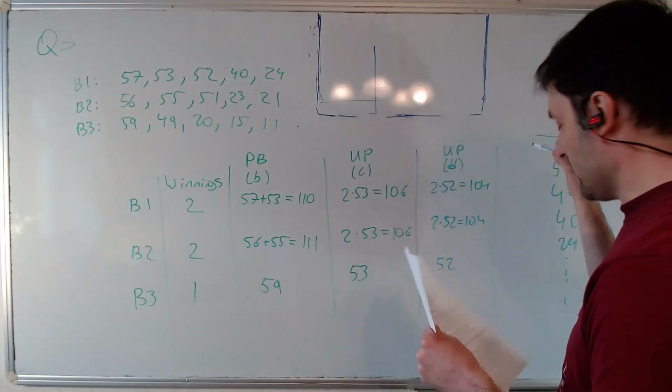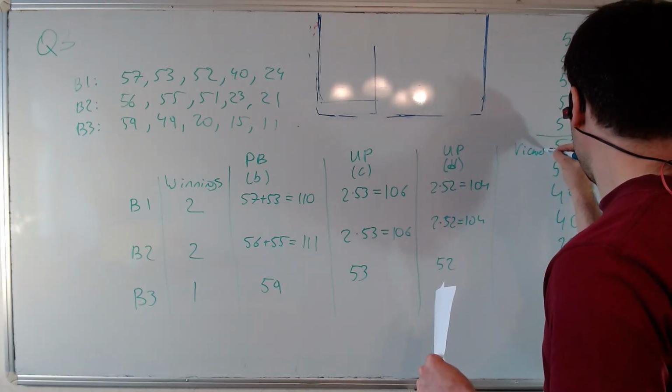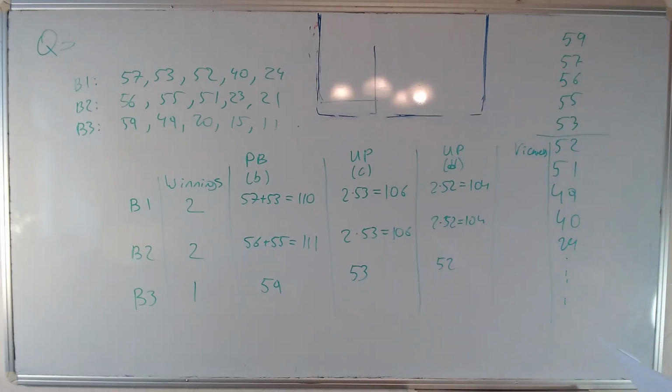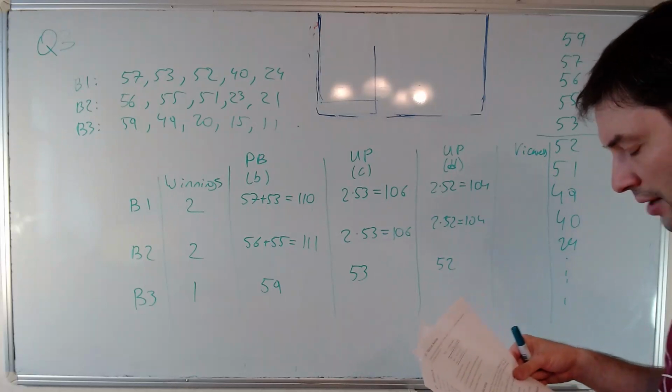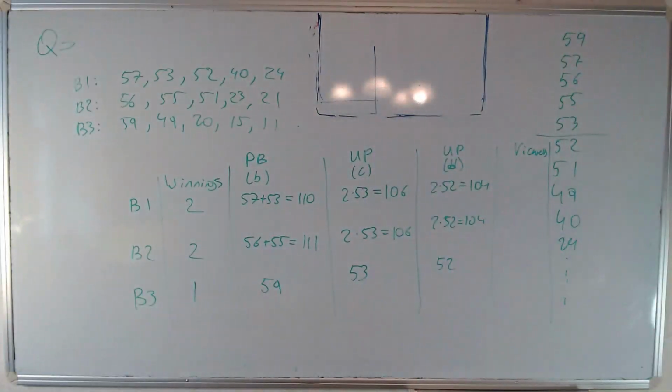Okay, and the last part is the Vickrey auction, usually the trickiest. We don't have enough space here, so I'll write a little bit vertically. For Vickrey auctions, the idea is to identify bids that would have won if you were not there, which cannot be your own bid.